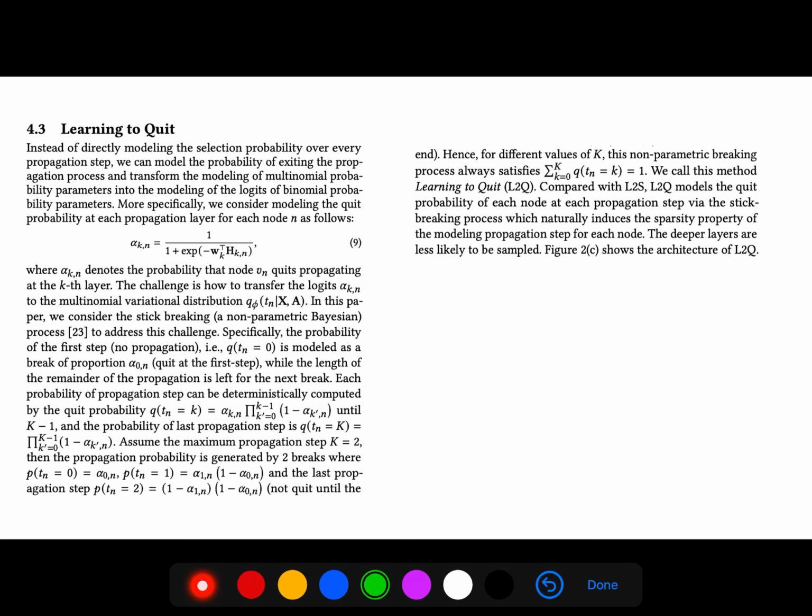Instead of directly modeling the selection probability over every propagation step, we can model the probability of exiting the propagation process, and transform the modeling of multinomial probability parameters into the modeling of the logits of binomial probability parameters.